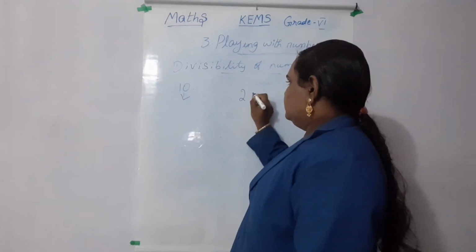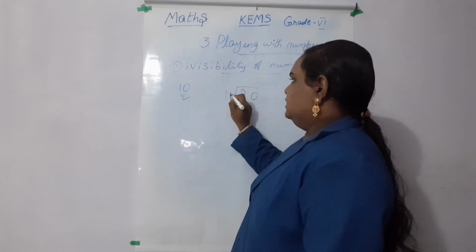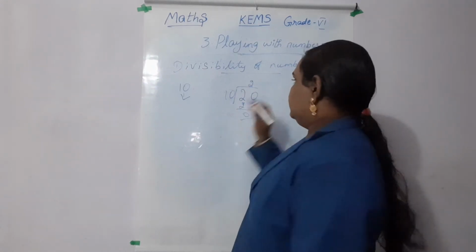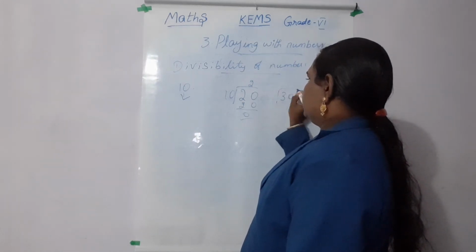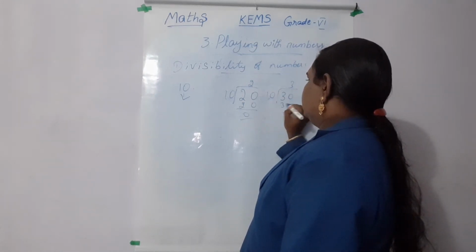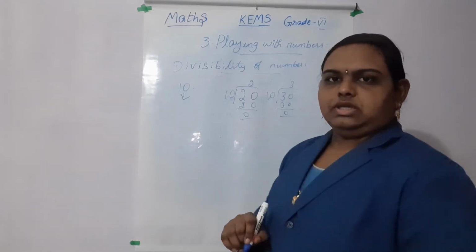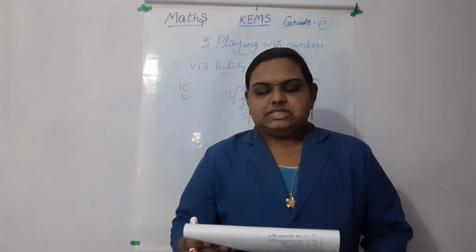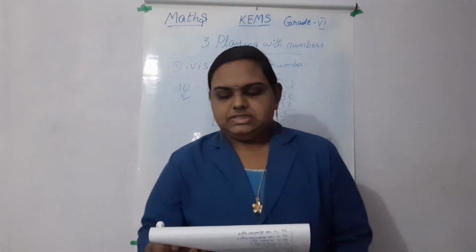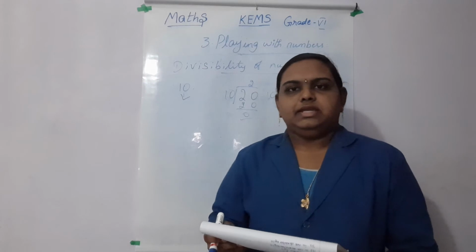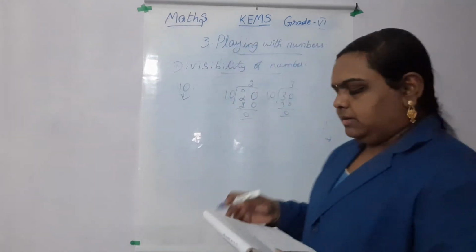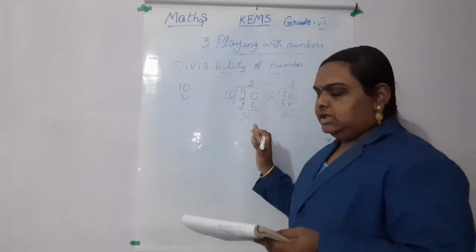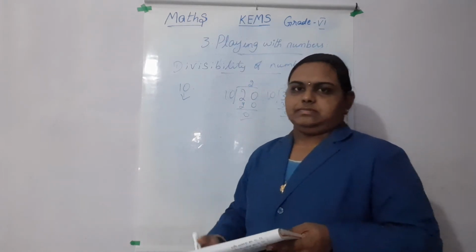If you have the number 30, then 10, 3, 0. So these are the divisibility rules. If a number has 0 in the ones place, then it is divisible by 10.